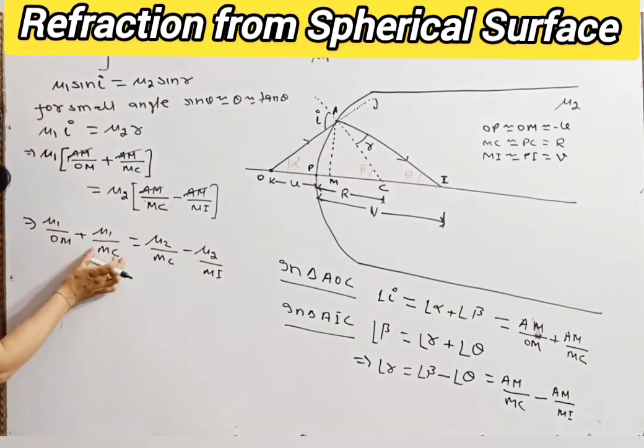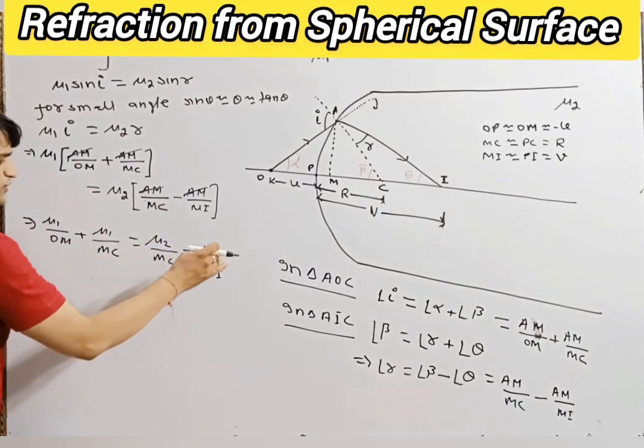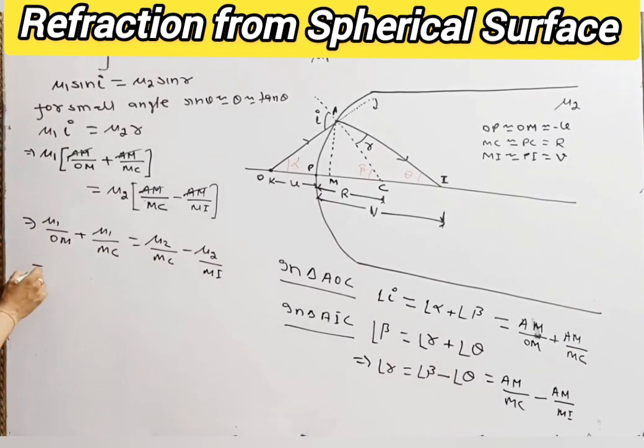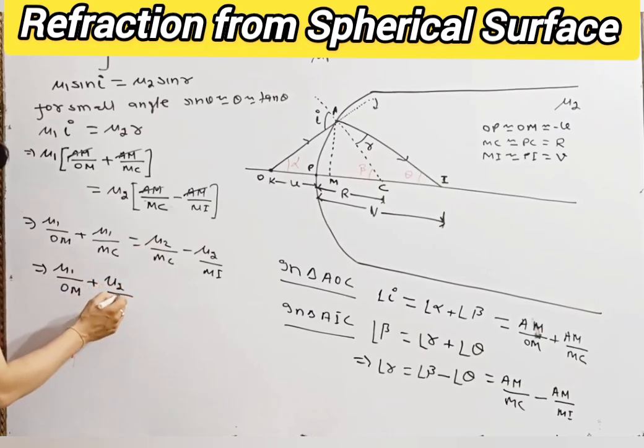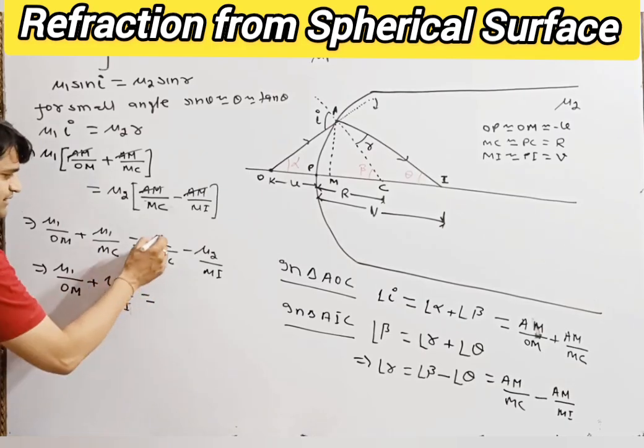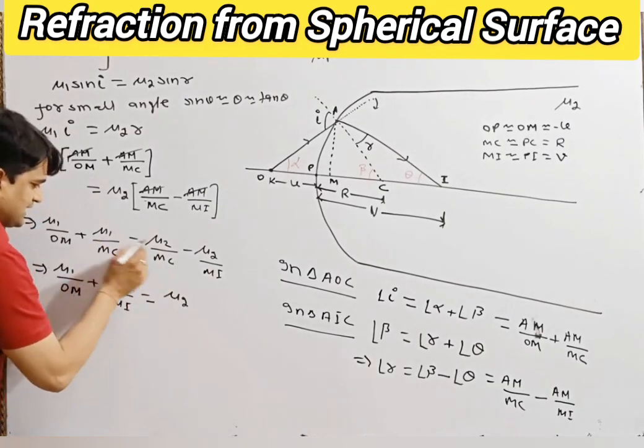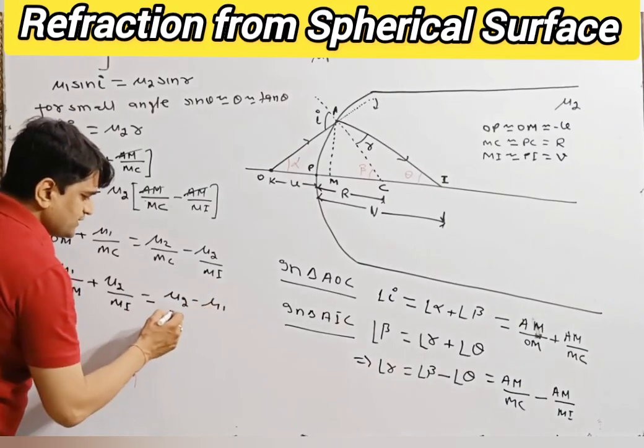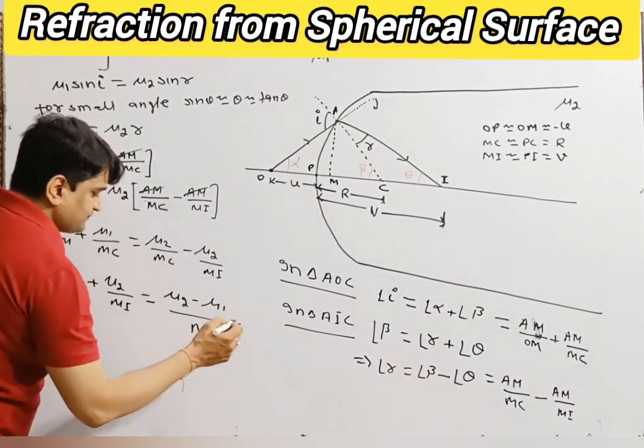Now take mu1 upon MC to the other side and mu2 upon MI to the left side. It will be mu1 upon OM plus mu2 upon MI, that will be equal to mu2 minus mu1 upon MC.